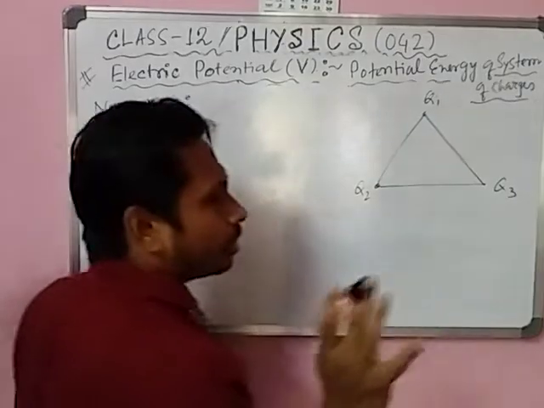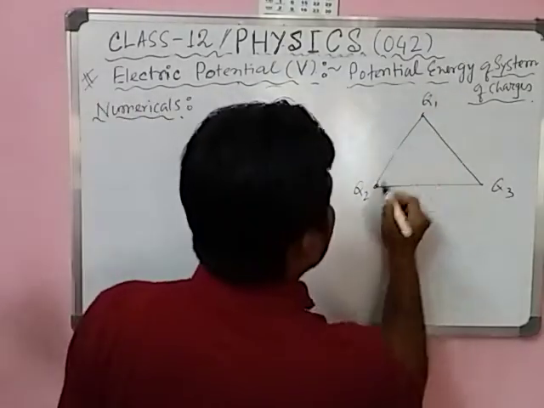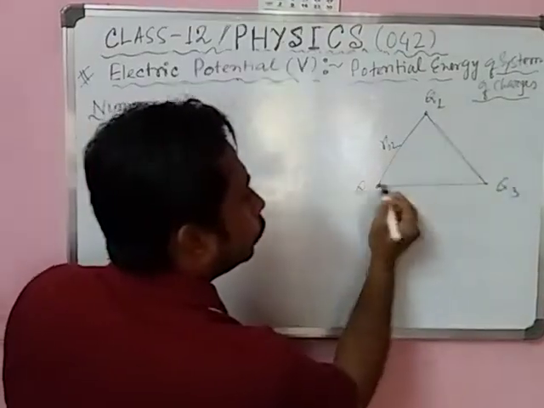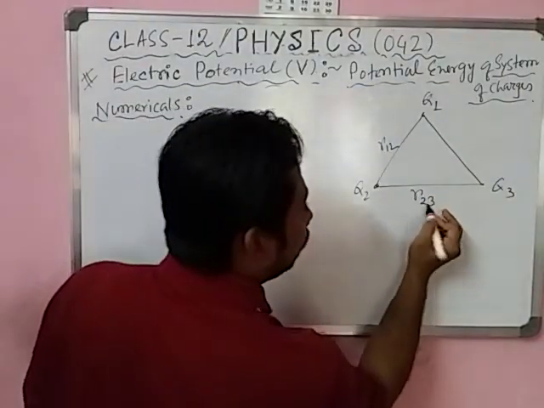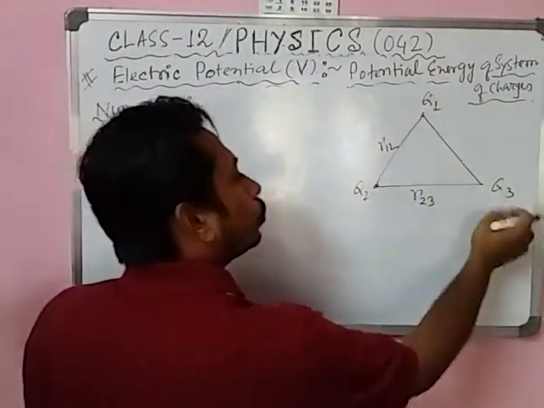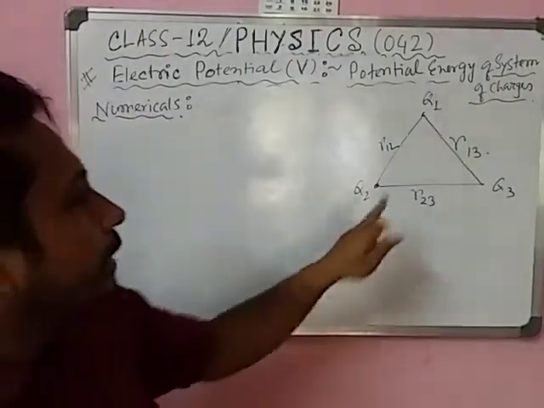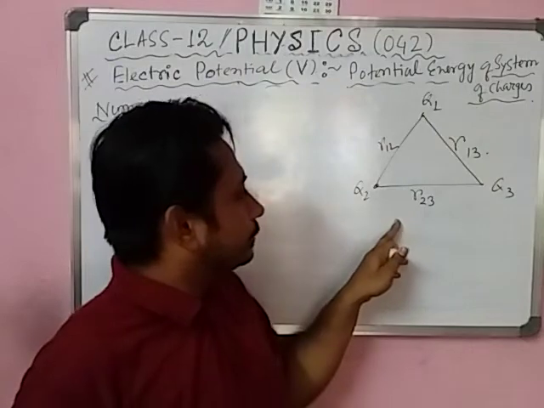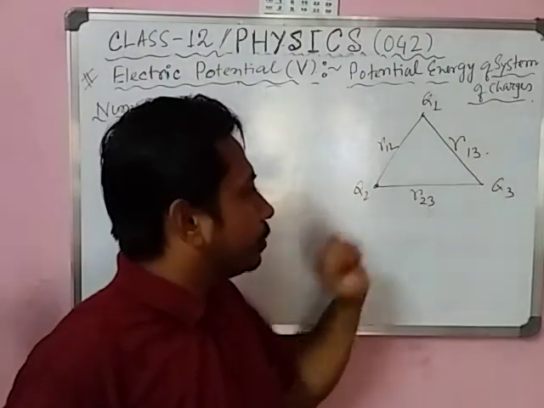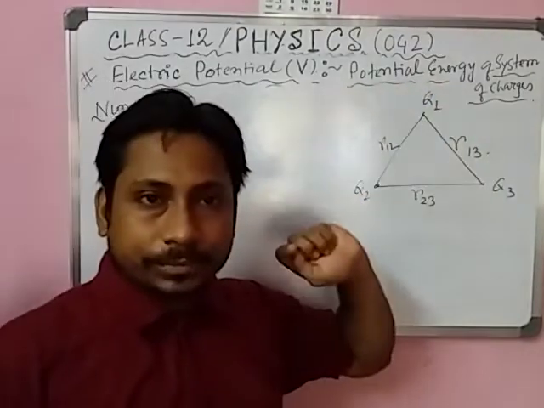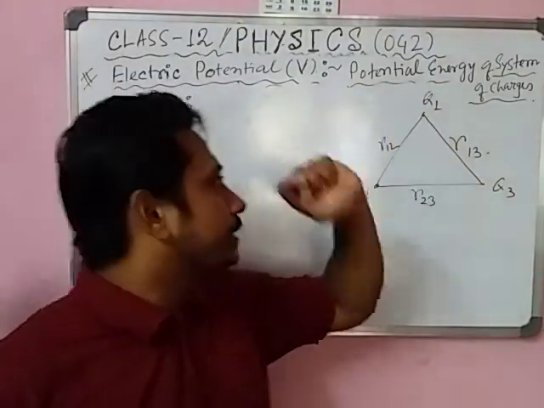Think not equilateral, think the distance from 1 to 2 is R12, from 1 to 3 is R13, and from 2 to 3 is R23. So there are three distances: 1-2, 1-3 and 2-3. You have to find what? Potential energy.